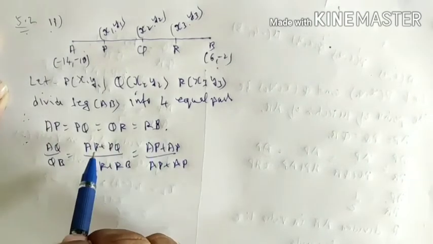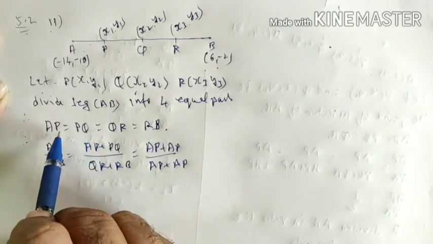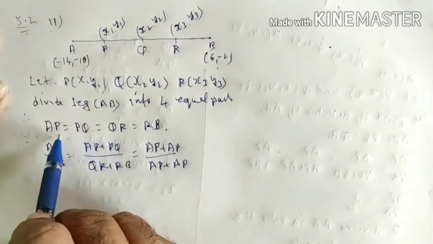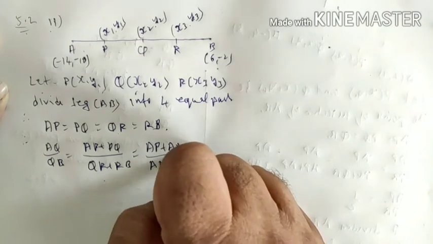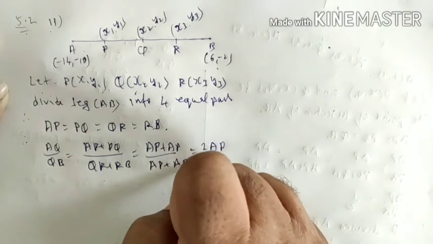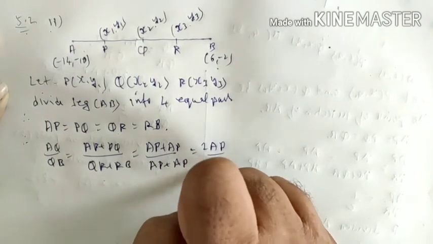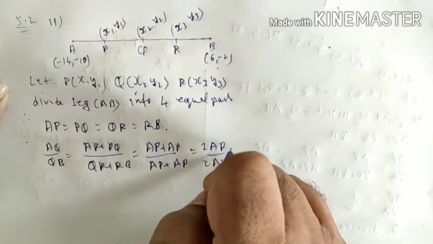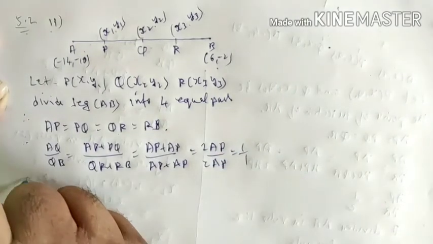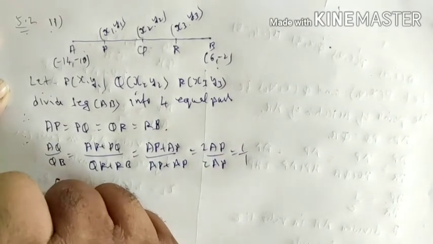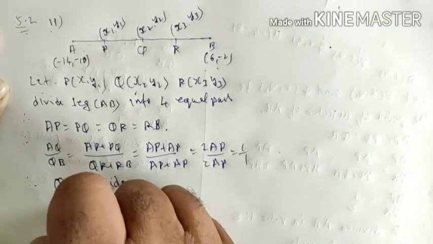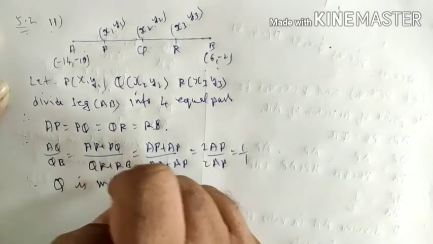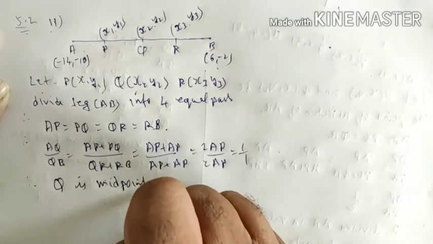How we are getting? See, because this PQ is also equal to AP, QR is also equal to AP, RB is also equal to AP. So we can write here 2AP upon 2AP, which is equal to 1 upon 1. Therefore, Q is midpoint of AB.